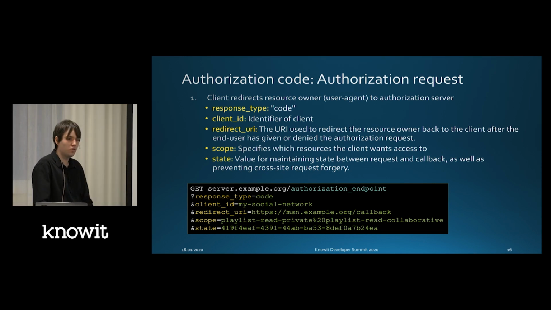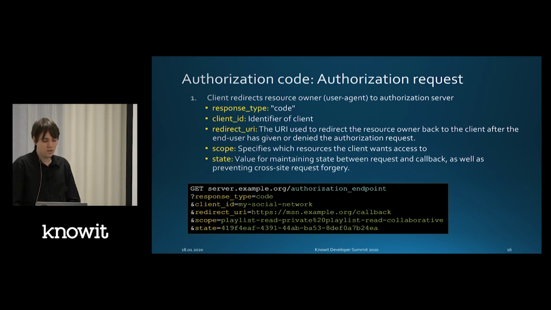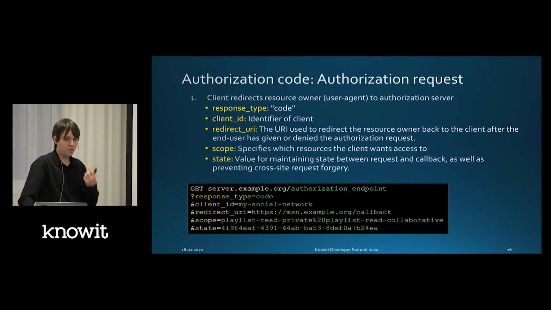Then there's the scope I talked about earlier: which scopes do you want to have access to? And I mentioned the state parameter. It's not required, but I really recommend that you use it all the time, both for your own part, but also for mitigating cross-site request forgery. Basically, the state parameter is just some random value again.